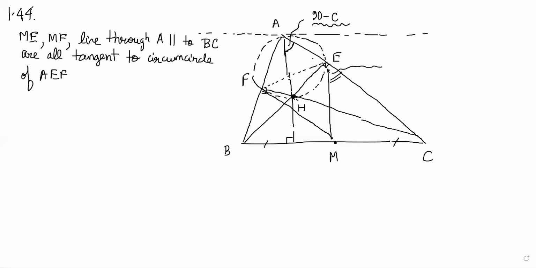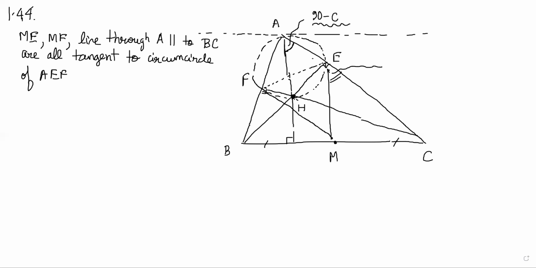Okay, how else can we prove tangents? We could use alternate segment theorem and try to do angle chasing. I feel that maybe H lying on the circle is helpful. Can we show that?